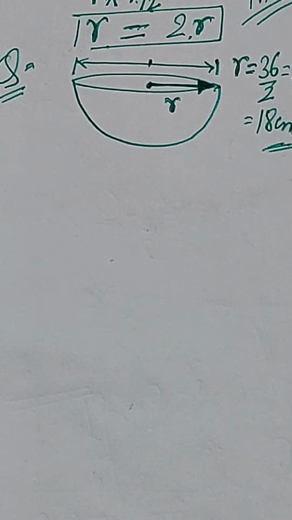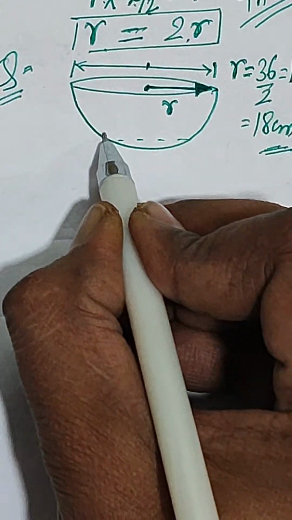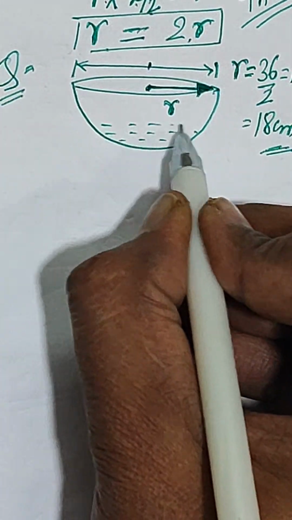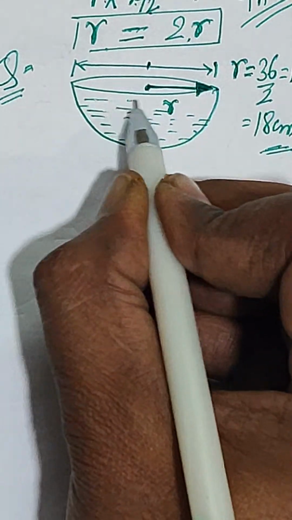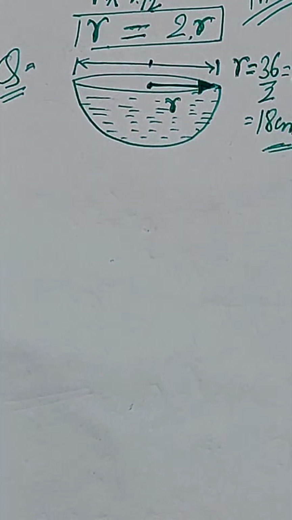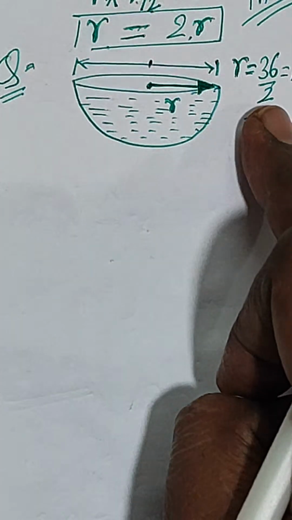Now, it has been given that this ball is filled with some liquid. That's it. This liquid is to be filled in cylindrical bottles of radius 3 centimeter and height 6 centimeter.